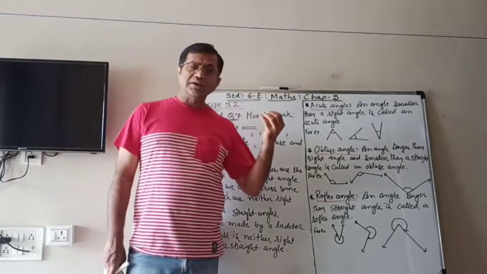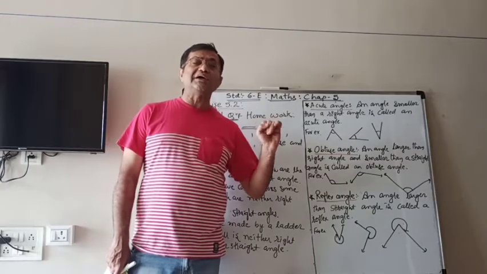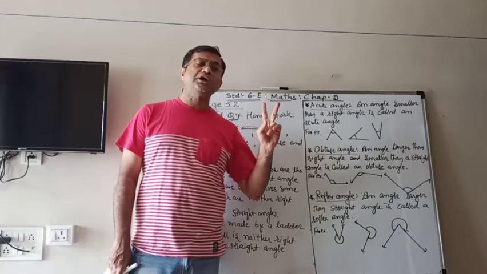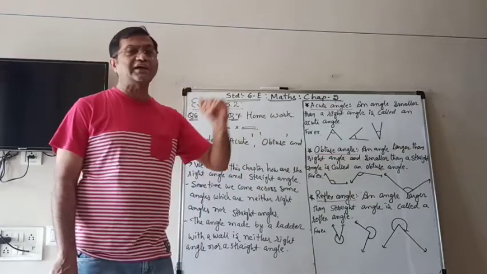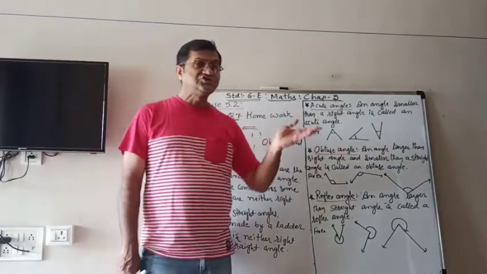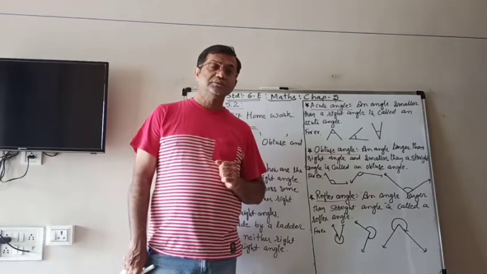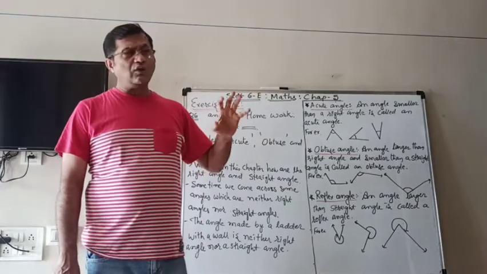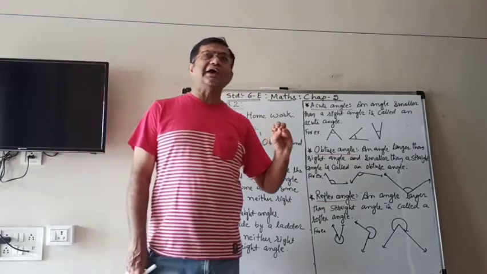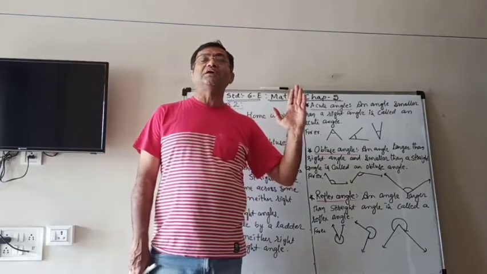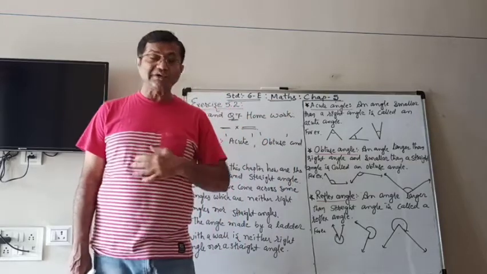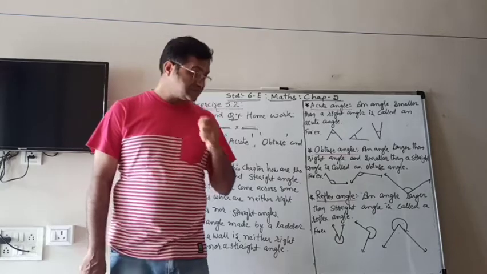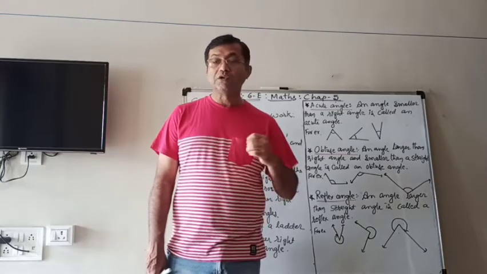Now in this chapter we learn about actually 3 angles: right angle, straight angle and complete angle. Now leave the complete angle for now, but you know how a right angle looks and how a straight angle looks.